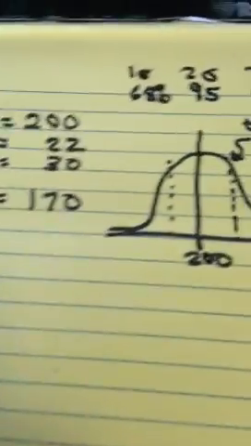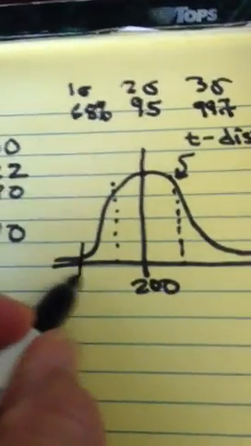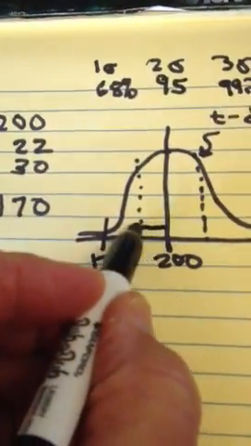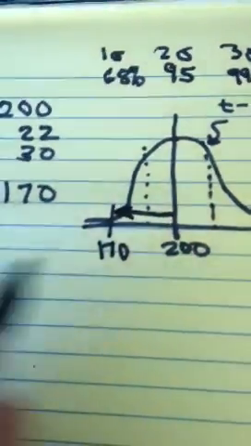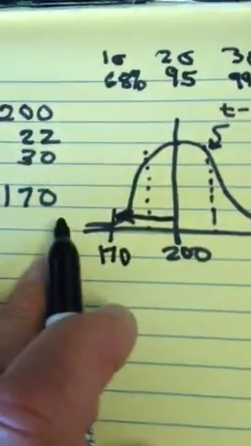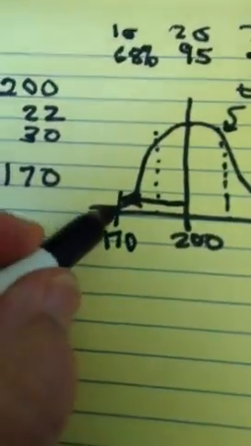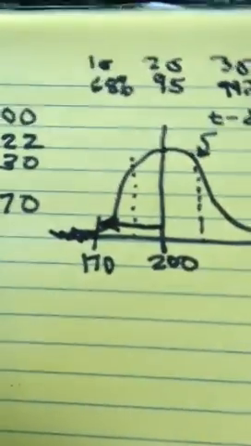So we have 170 over here, which is our break even, and what we're really saying is, what's the probability that this 200, that we would get a draw over here that would be below the break even out here in this tail?